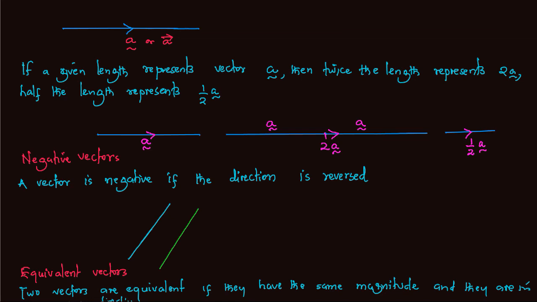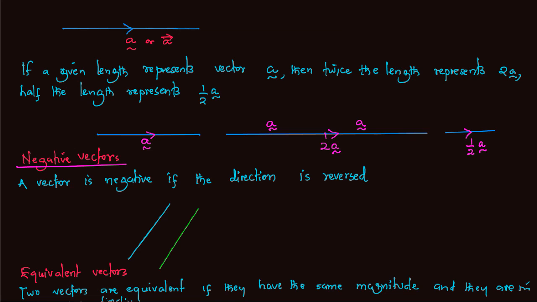Because direction is important when we are talking about vectors, we show the direction using positive and negative signs. So a negative vector means that the direction has been reversed.